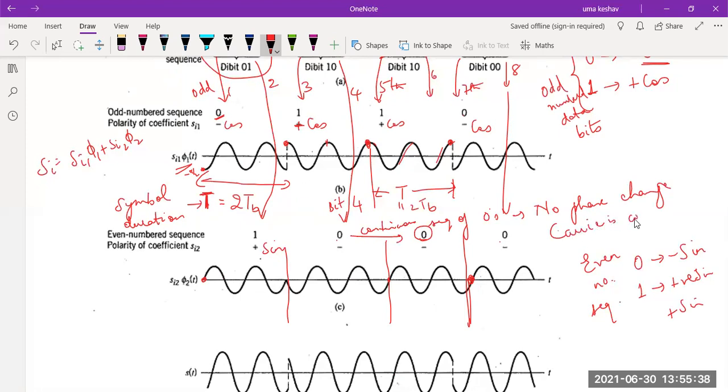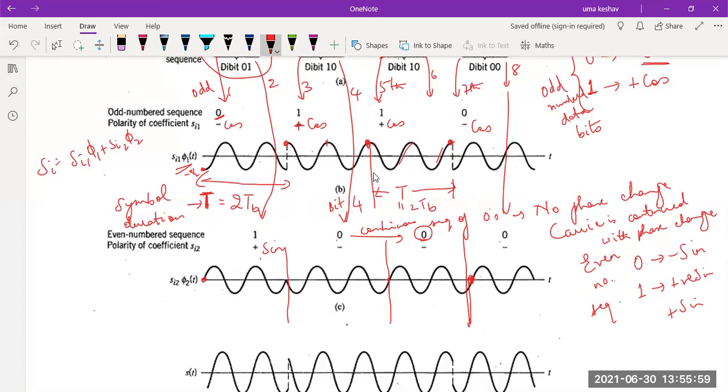Carrier is continued without phase change. Please remember that. When will you show a phase change? When there is a difference in the bits. Even here you can notice, when I have a consecutive sequence of 1, it is a continuous signal here.